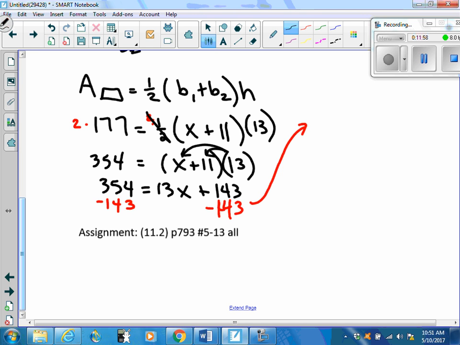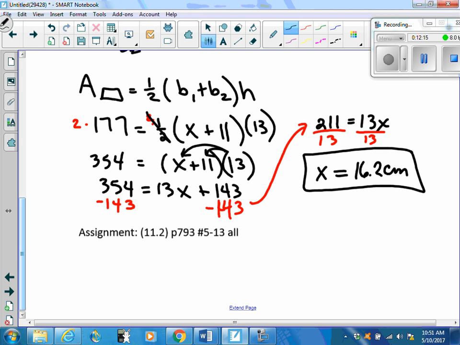And so that leaves me with 211 equals 13x, and then you divide by 13. And I get x equals 16.2 centimeters. So that was equivalent to base 1 there.